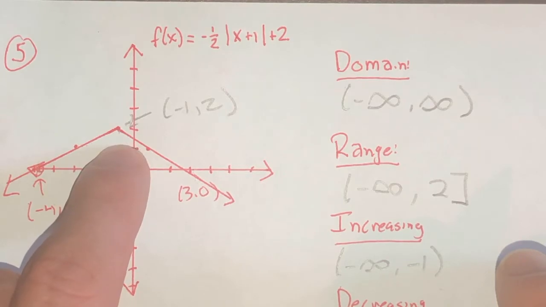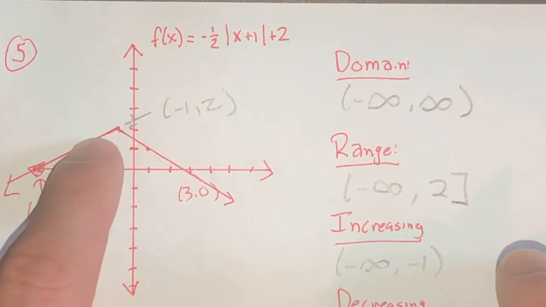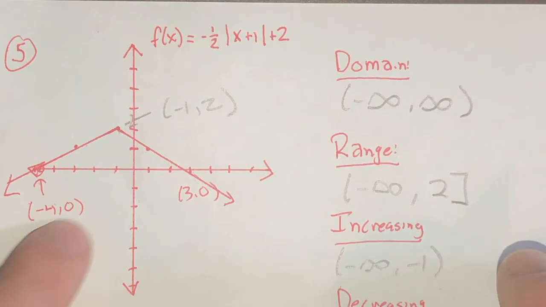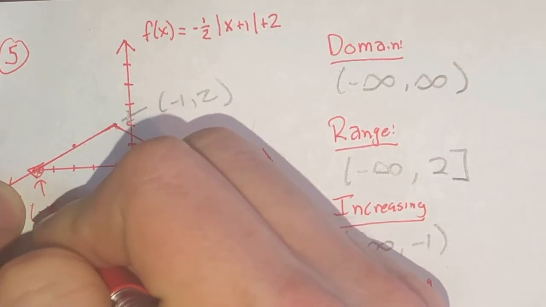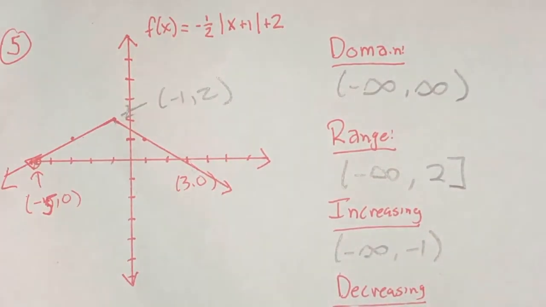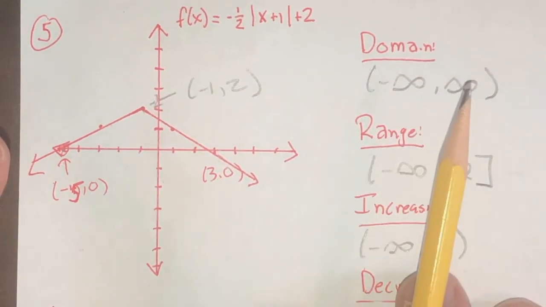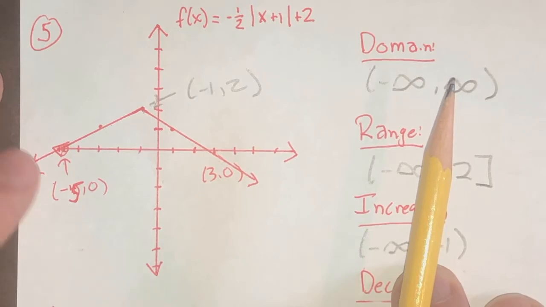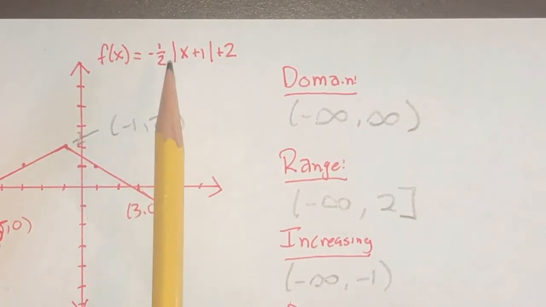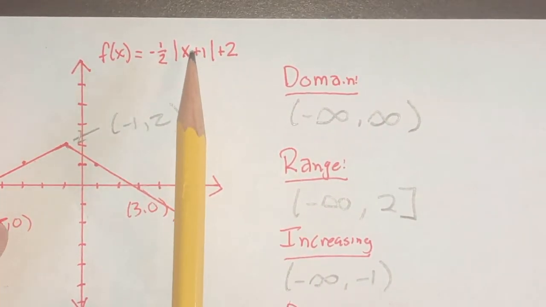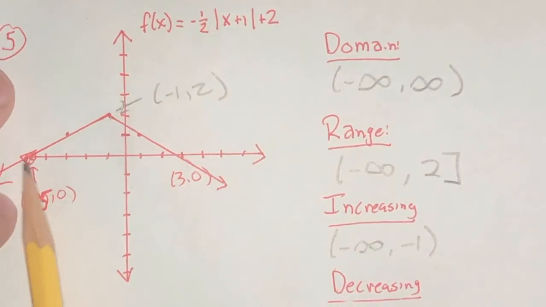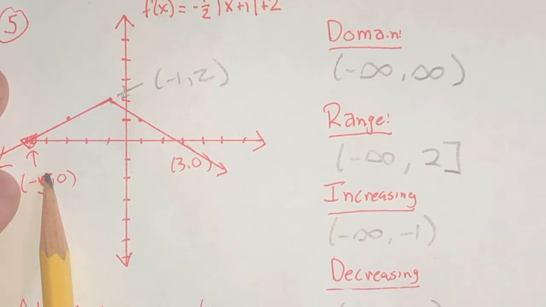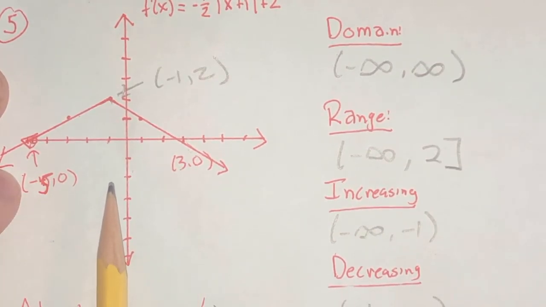Then it goes down 1, over to 3. Yeah, I'm sorry. This should be a 5. So if you caught that, good. If not, just take a second and pause and adjust your answers if needed. It's negative 5, because negative 5 plus 1 is negative 4. Absolute value 4 times a half is negative 2, plus 2 is 0. So if you need to take a second to fix it, go and do that before I talk about the rest of it.